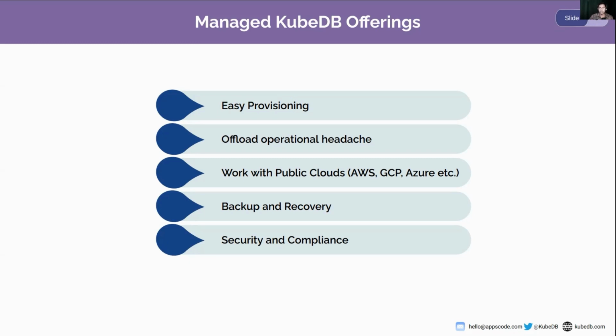If you tell us the IP whitelisting or some other details, we will configure your database accordingly, so you can only access your database from that instance. So we will make sure that your database is highly secured in our Managed KubeDB project.